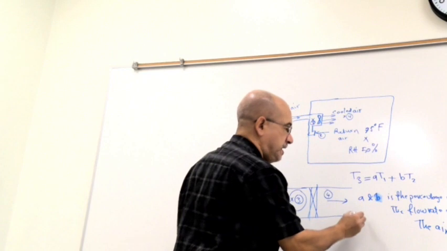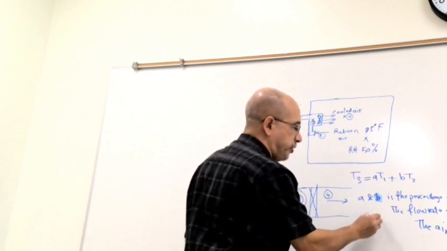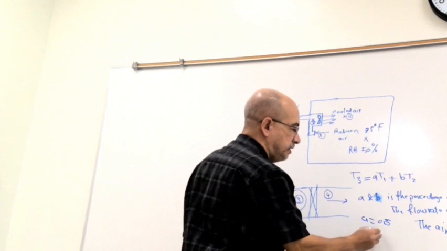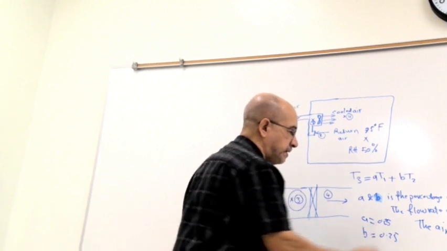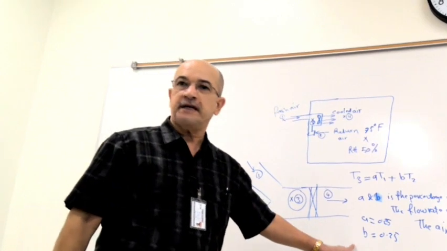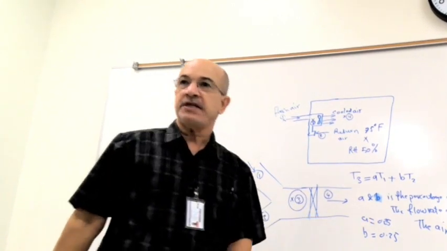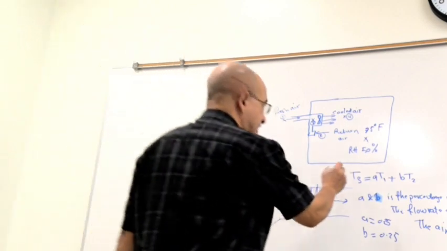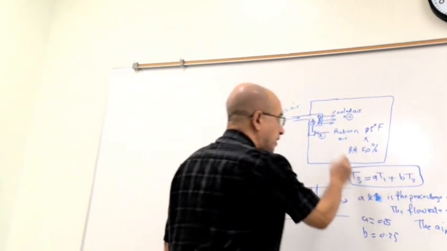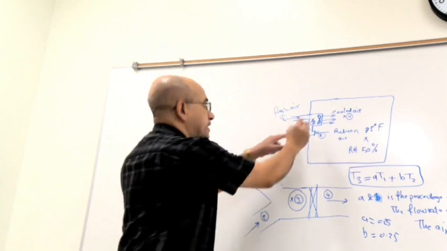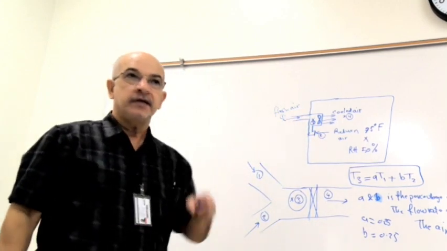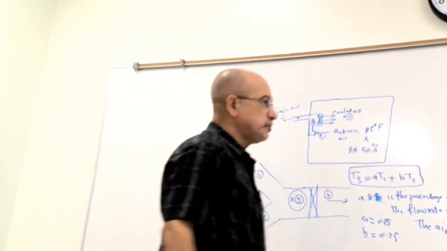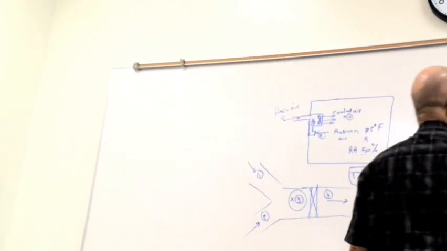So suppose A equals 0.25 and B equals 0.75. B is the percentage of the return air, and A is the percentage of the fresh air. When we apply this equation, we can find T3. So we go to the psychrometric chart.